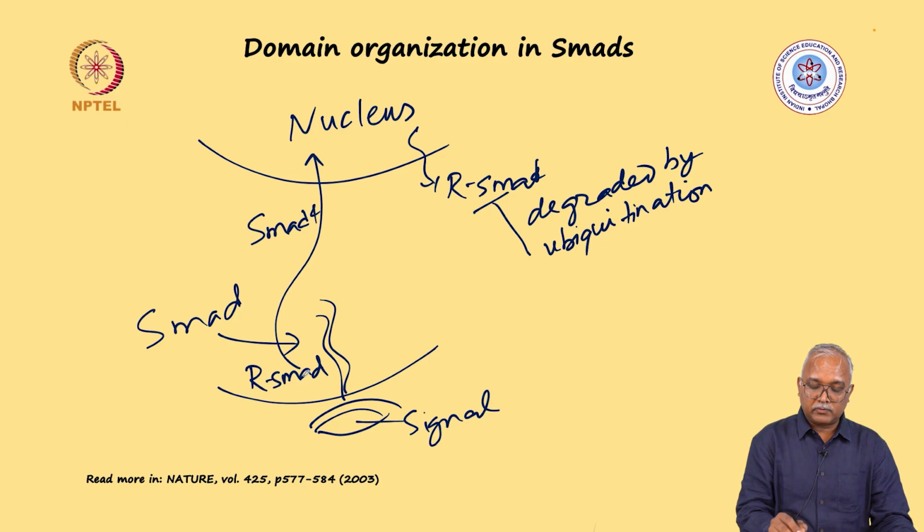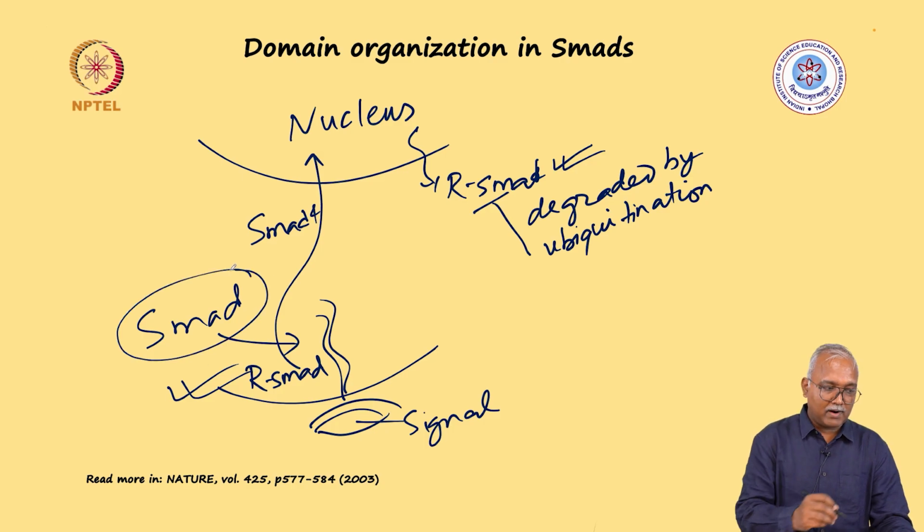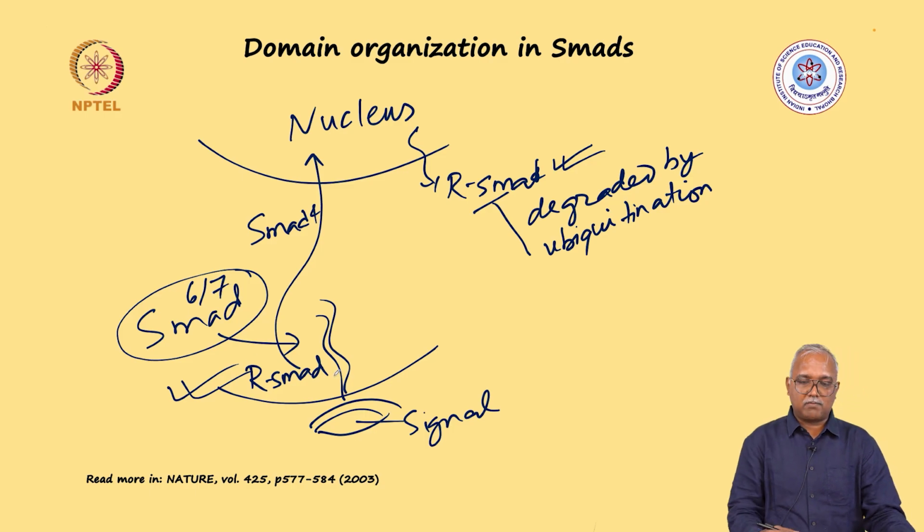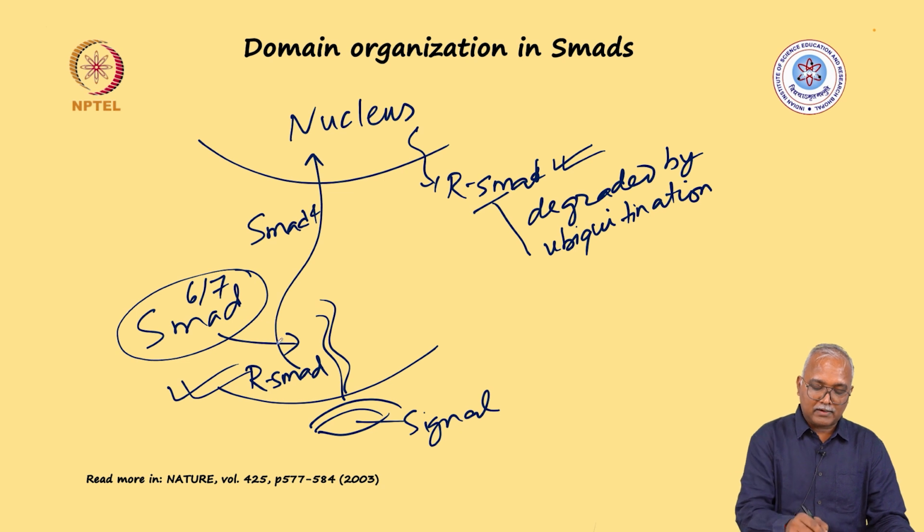There will be enzymes which will ensure that any R-SMAD which is there is degraded also, something which you saw as a degradation here. Something similar can happen at the receptor end as there are molecules in the SMAD family only, like SMAD6 and 7. They will ensure that they compete and R-SMAD does not bind to that, or they will come along with the enzyme which will degrade the R-SMAD. This is how the signal is regulated.